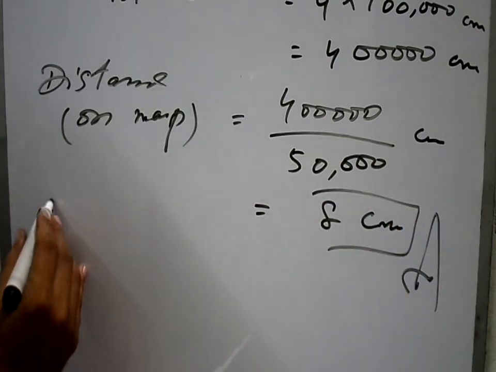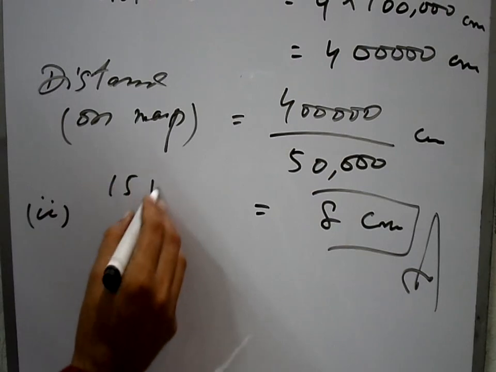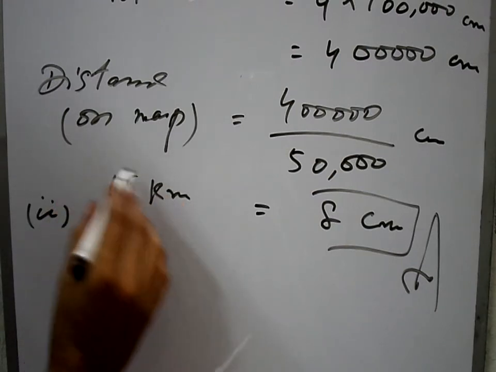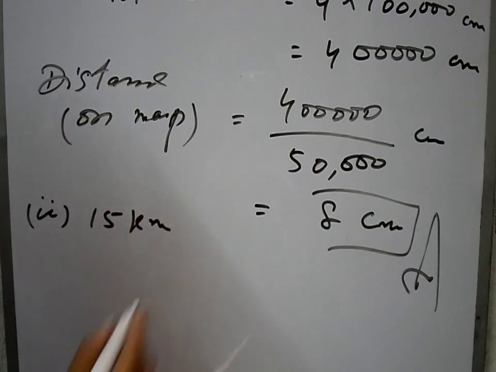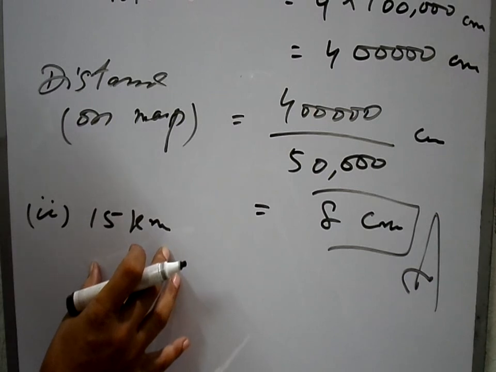Similarly, in second portion we have been given 15 kilometer, convert into centimeters on map. How much centimeters we have to show for 15 kilometers?